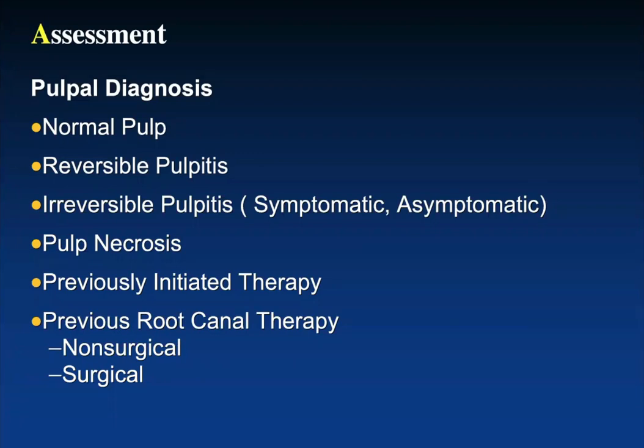Irreversible pulpitis could be symptomatic or asymptomatic. Symptomatic is when the patient complains that I have pain that lingers, pain wakes me up at night, pain starts by itself. Any of those is indicative that there is irreversible pulpitis. When you test it, the cold sensitivity lasts more than 30 seconds.